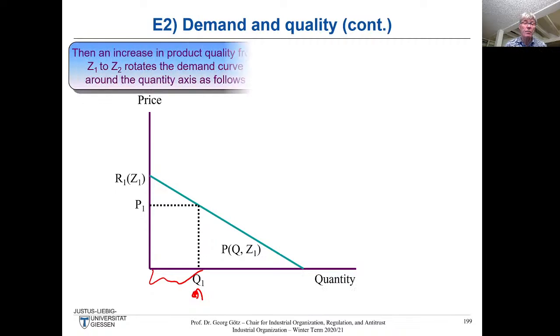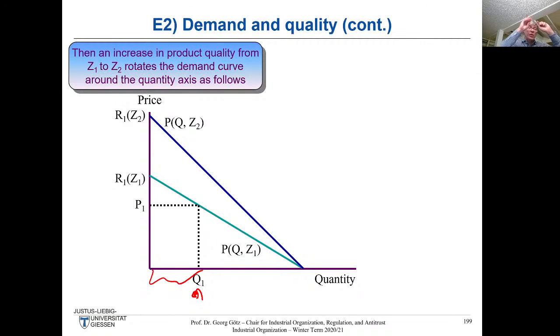Typically, what we assume, standard case, and that's what I just told you about the rich, in quotation marks, is that if we increase the quality of a restaurant, for instance, people with a high income will experience a stronger increase in their willingness to pay than people with a low income. Okay, it's the same for newspapers.